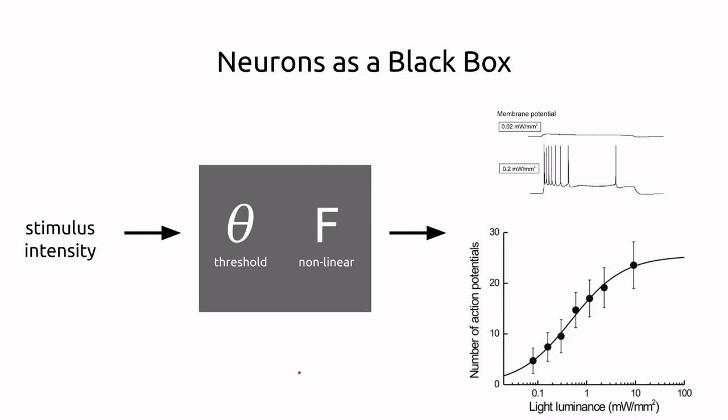So if we're stimulating the neuron with some input, say sensory input or injected current, then we will see that the behavior of the neuron changes as we change the intensity of the stimulus. This top graph here shows us the spiking of one particular neuron as it is stimulated by some input, say light luminance going into the sensory system of an animal.